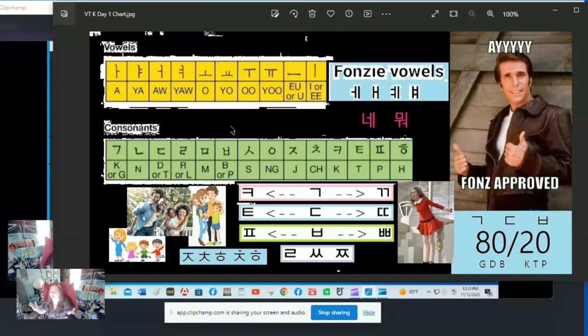Cha means tea. Pretty handy. You'll also hear cha to mean car, because that's a shortened version of jadongcha. You'll hear cha quite a bit. Anyway, that is our chieut. There's no double chieut.